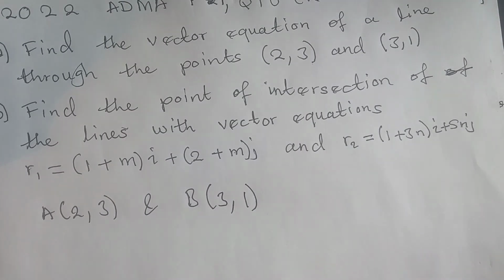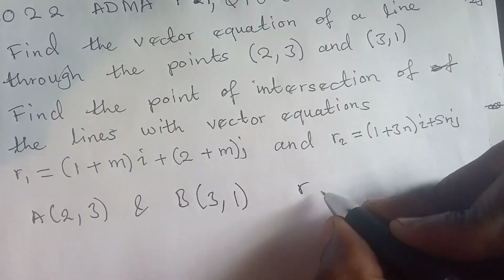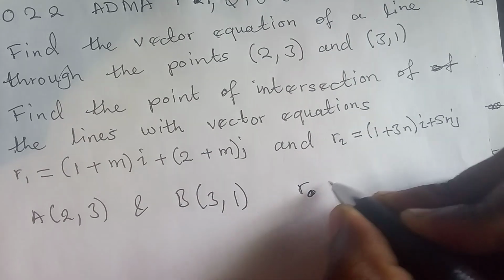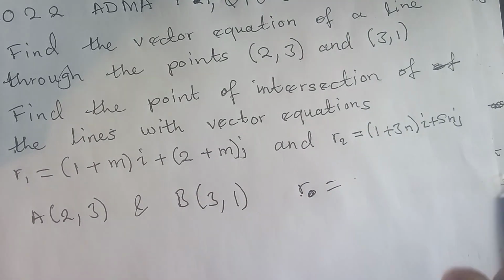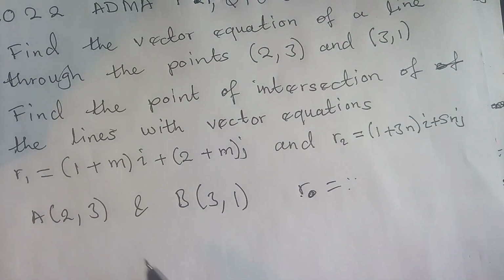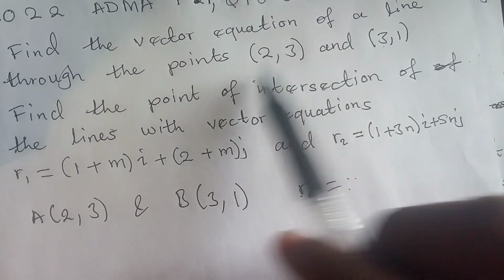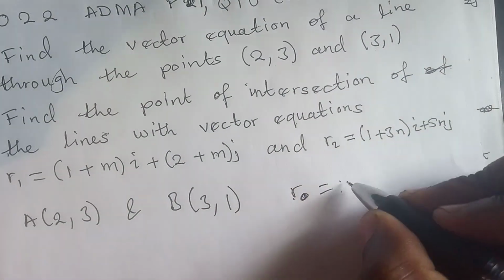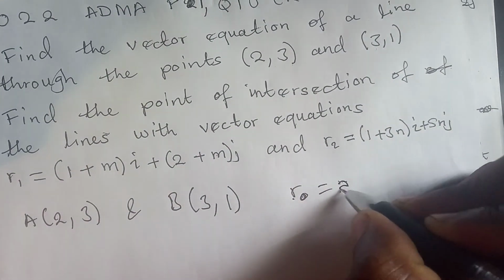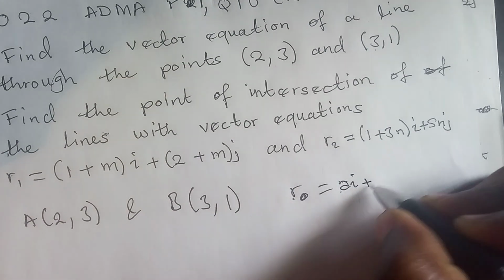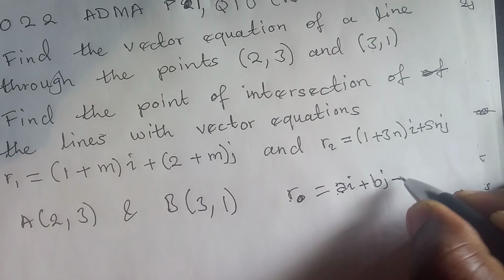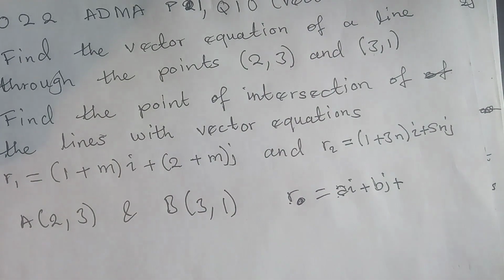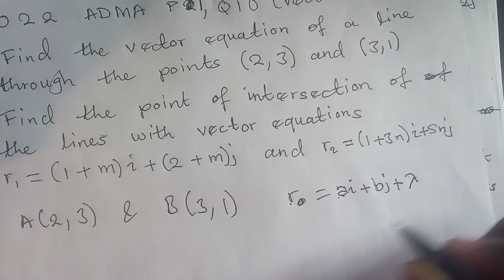So the first thing you want to do, remember the vector equation of a line is given by r is equal to one of the points through which the given points are passing. So let's say that point is ai plus bj, then plus, you can use any letter of your choice.